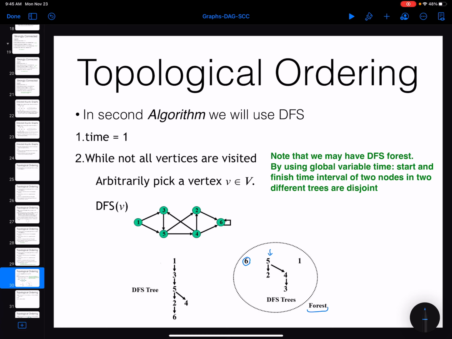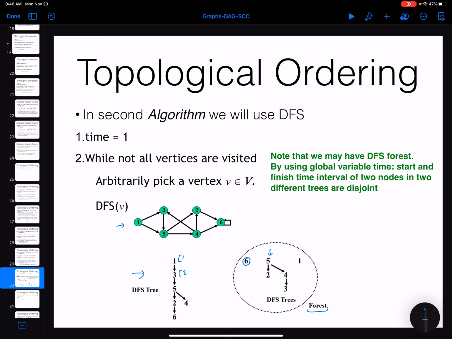So for example, I'm going to first do it using the tree like this. You start from node 1. I'm going to write those start finish times here, because if I write it over the graph, this is going to be too much, because I'm going to run it 2 different times. So you start from node 1, the starting time is 1. Then you go to node 3, the starting time is going to be 2.